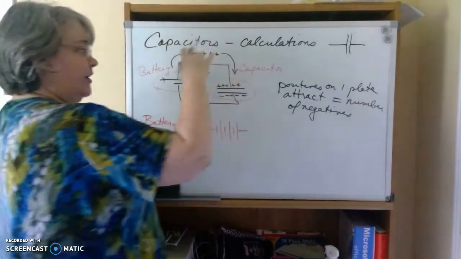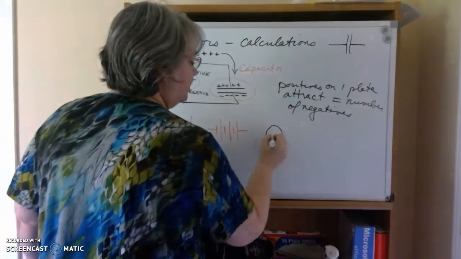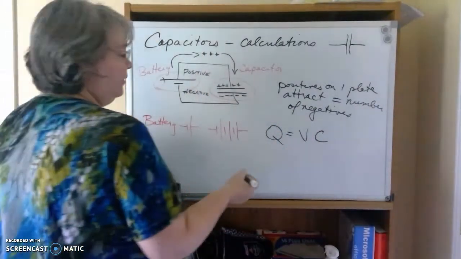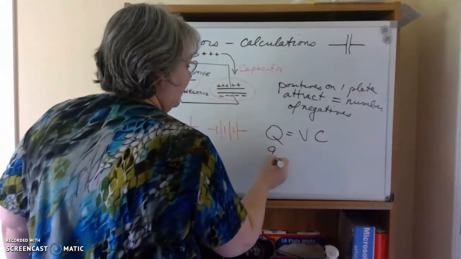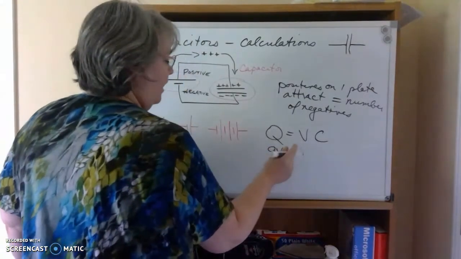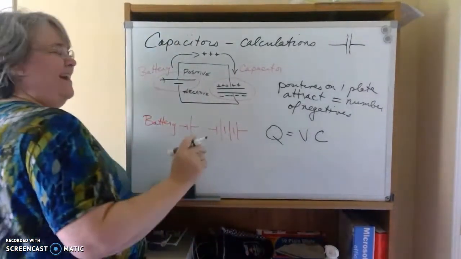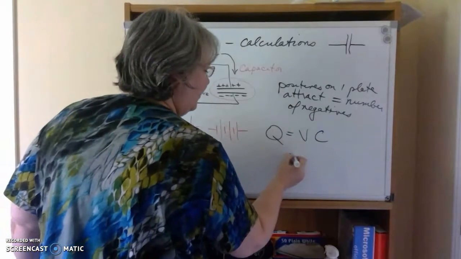That circuit is what we use our Q equals VC on. So if I put a 9-volt battery, Q is not volts. V is volts. Here we go.